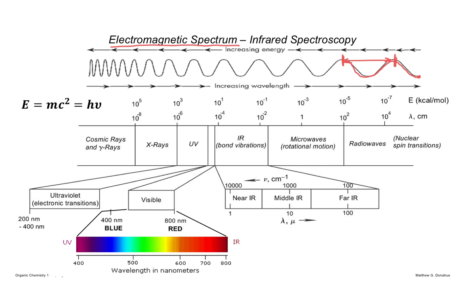So you can see the names of the different types of light on the spectrum. So radio waves, if you still listen to AM, FM radio, the stuff that's broadcast for free, those are really long wavelengths.